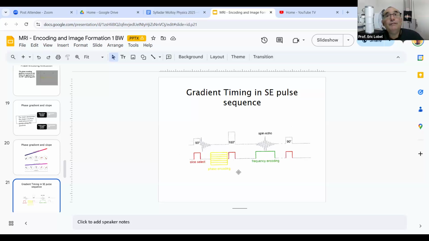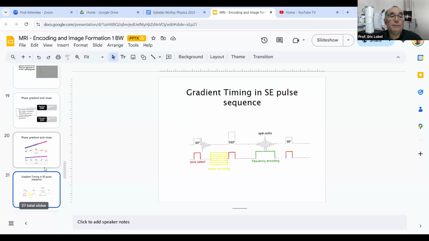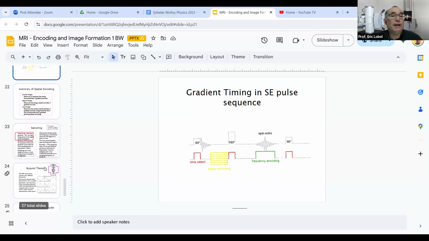There is no rephasing pulse in a gradient sequence, right? There's a gradient that will turn on and off and rephase. So again, the gradients are multitasking in many ways. But the gradient for slice select does go on every time in a spin echo sequence, essentially whenever there's an RF pulse, 90 or 180. And then repeats after that.